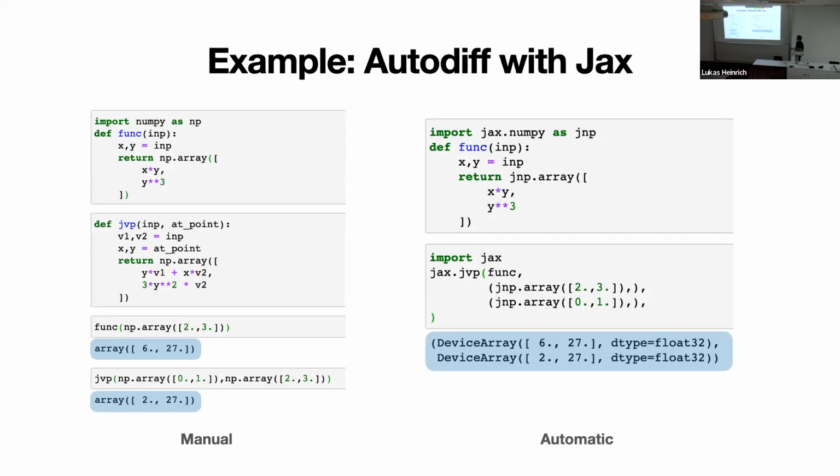Okay, so let's see what this looks like. Let's say we have our function. It's a simple function that does two types of composition. We have two inputs, X and Y, and two outputs. And then we basically have a 2x2 Jacobian. In order to implement the gradient computation, we manually define the Jacobian vector product, right?